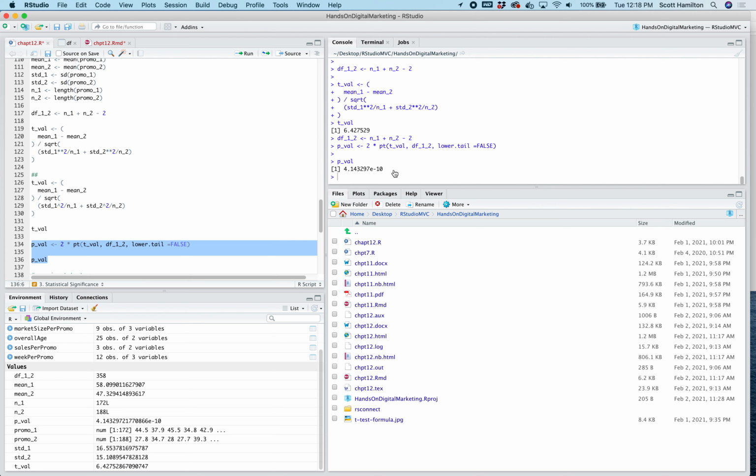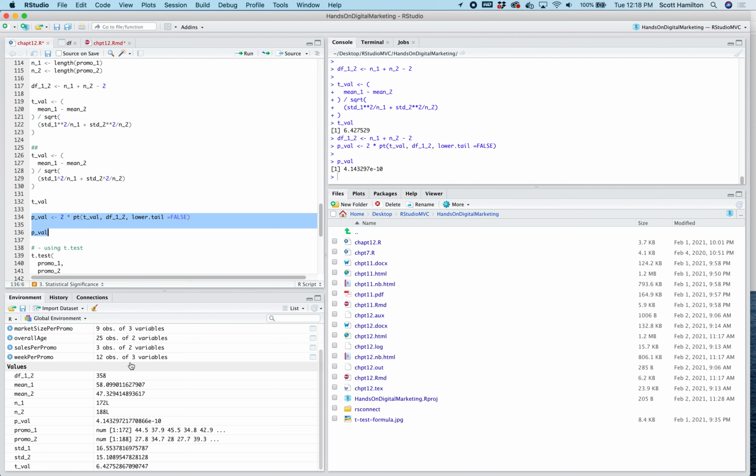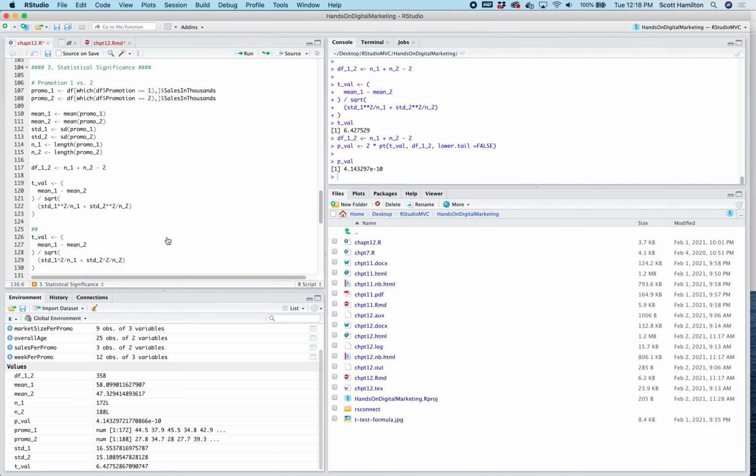So we can say that campaign 1, which had the higher mean, if we remember, a higher mean of, what are we looking for, sales in the thousands for promo 1 compared to promo 2.